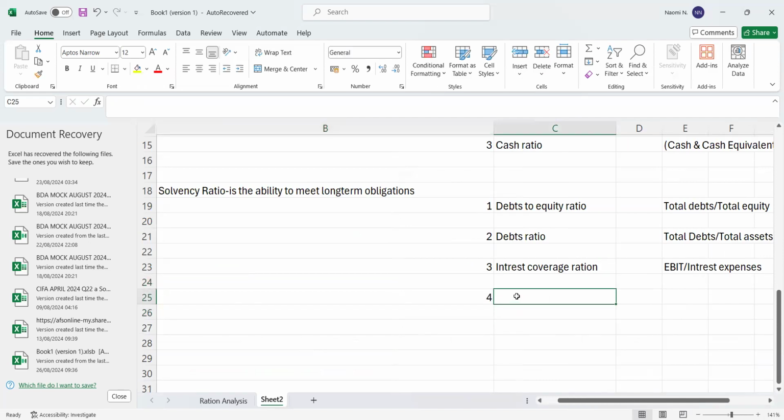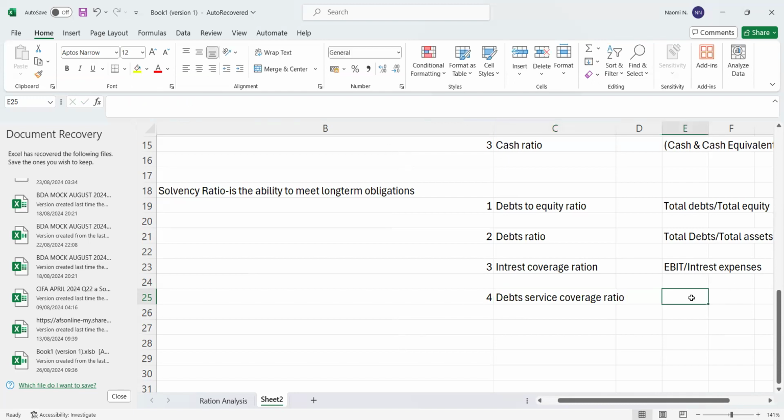Number 4, in terms of solvency ratio or leverage ratio, we have the debt service coverage ratio. Let me write debt service coverage ratio.